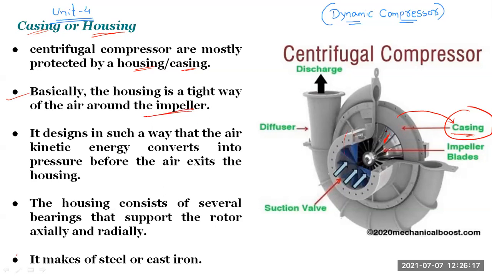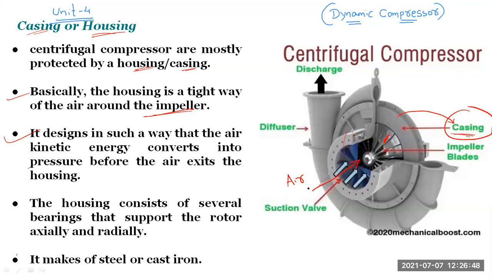So second point, basically the housing is an airtight way around the impeller. This casing will be there around the impeller. These are the impeller blades. Surrounding the impeller, this casing or housing will be there to store the air. It is designed in such a way that the air's kinetic energy converts into pressure before the air exits the housing. What I told, first atmospheric air will enter in this direction.